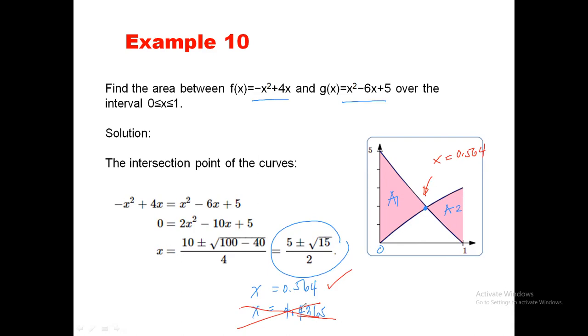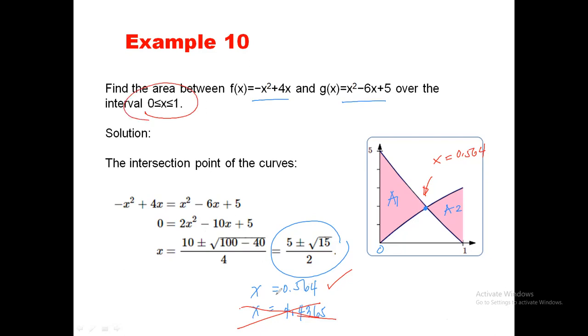I chose this particular example because this is the case wherein you are to validate which of the two values that you have computed will apply for the given situation. So the 4.4365, though it's also an x coordinate for the intersection of the two curves, is not between 0 and 1. And we are to determine the area on the interval 0 and 1.